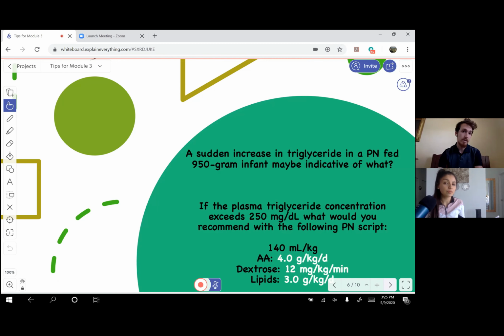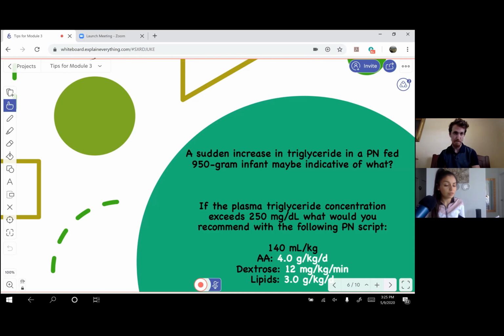It wouldn't result in any undesirable consequences in these infants being fed intravenous lipids. But if they are too high, that can definitely be indicative of sepsis or stress upon the infant. So as this infant is being fed, we want to continually monitor the triglyceride levels to make sure they don't surpass that range and get into that possibly septic area.